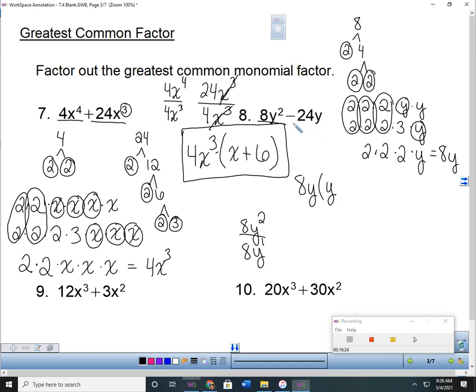Then you have a negative 24y divided by my common factor, 8y. Negative 24 divided by 8 is negative 3, and then your y's cancel. And I always like to look back and go, okay, if I multiplied this through, 8y times y would be 8y squared, and 8y times negative 3 would be negative 24y.